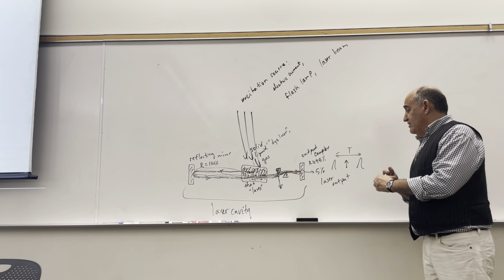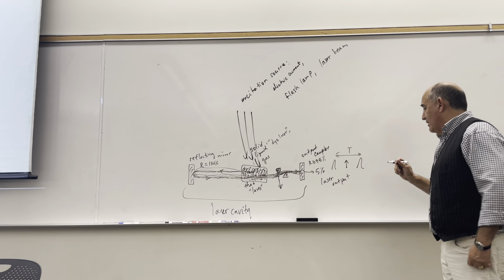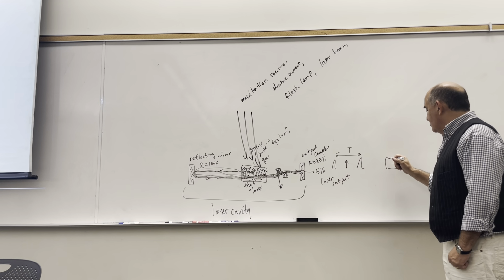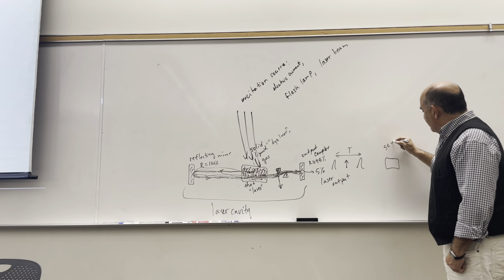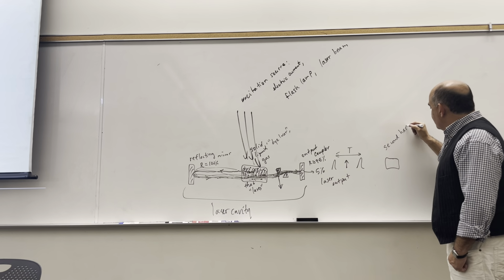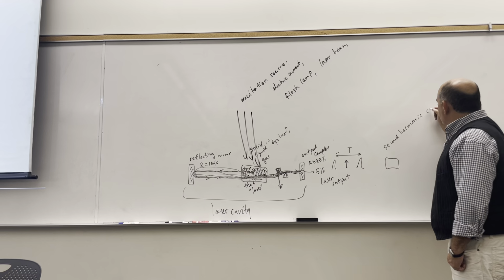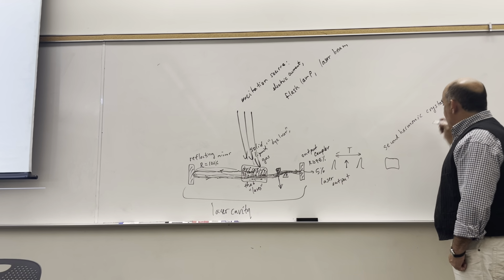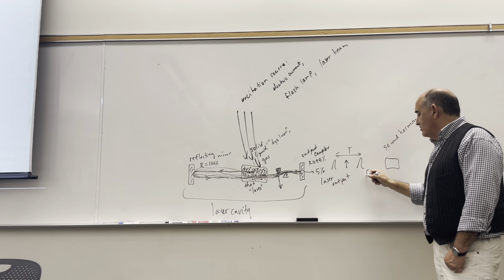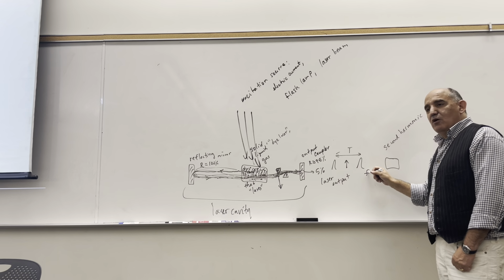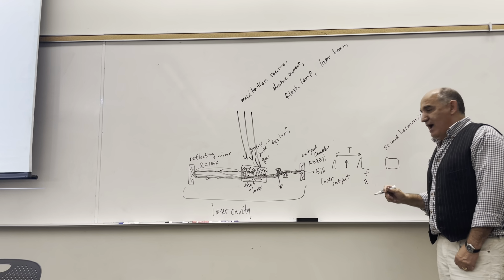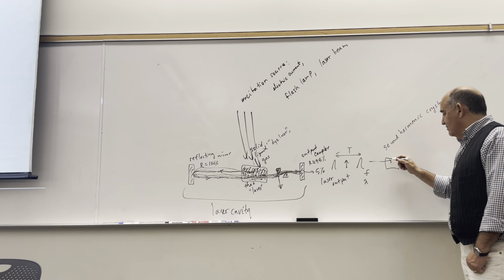You can take some of these pulses of light over here, for example, and pass them through some crystals. This is called, for example, a second harmonic crystal, which does something really cute. You have light coming in of a certain frequency or wavelength, and there's an interaction over here.